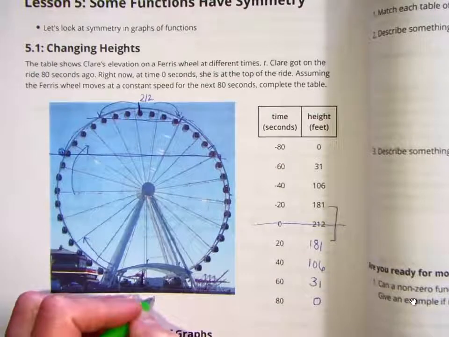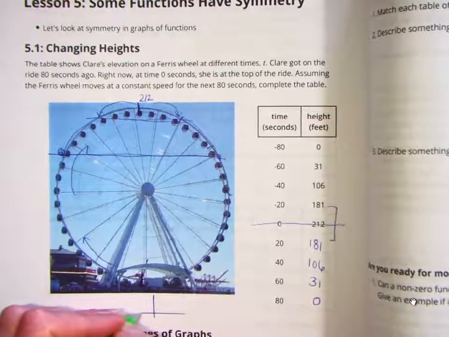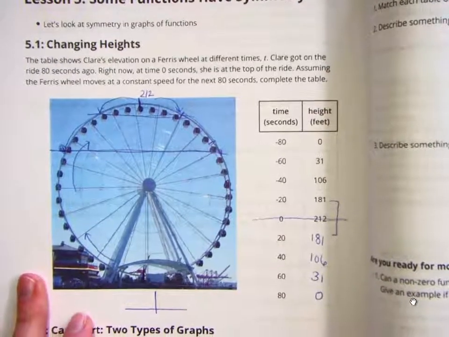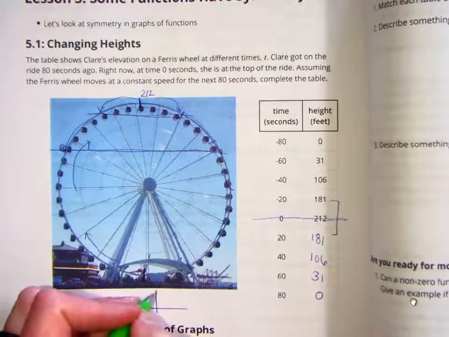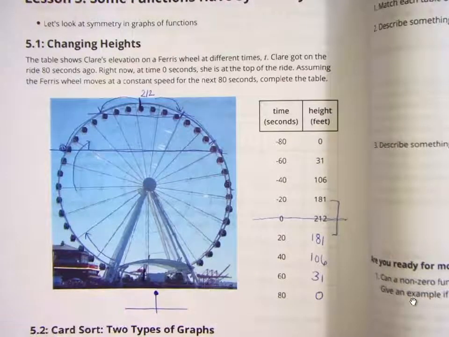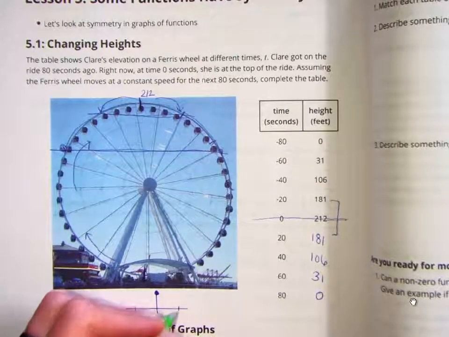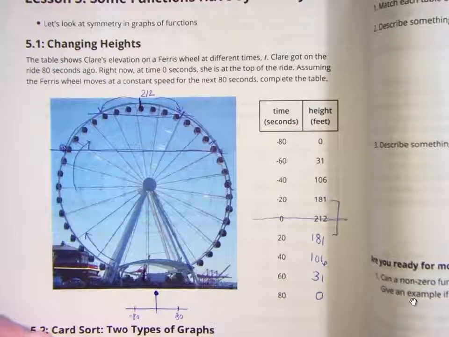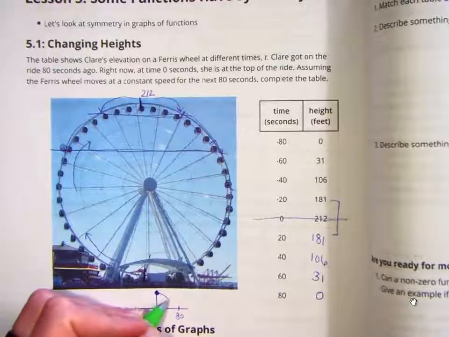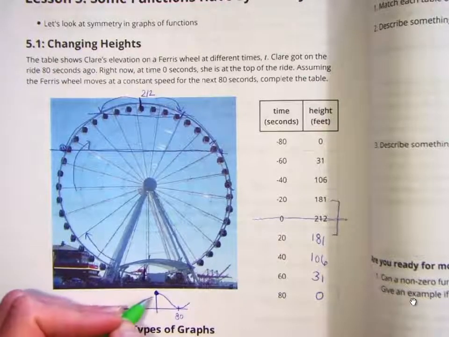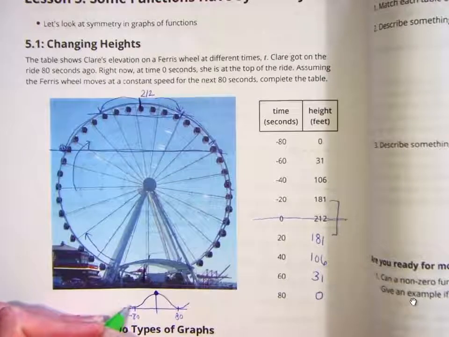So at our halfway point, in fact it's going to match one of the graphs we'll see shortly, at 0 she's at her highest point up here, and then at 80 seconds ago and 80 seconds from now is when she'll be down at the lowest point, and then she'll come back up. We have a graph that's going to look like this.